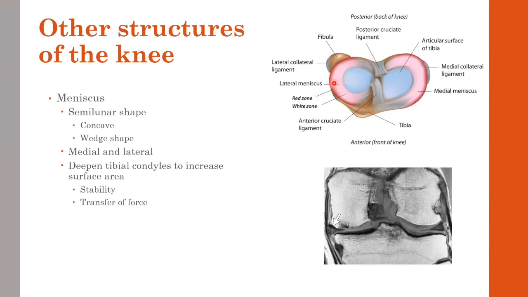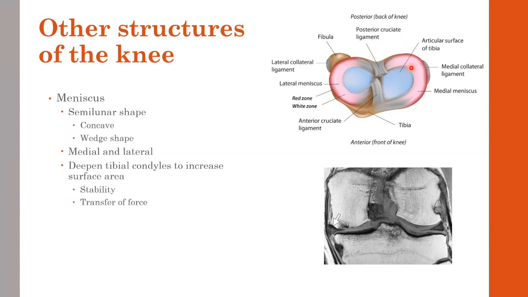Both have this concavity nature, and by that, I mean that the most outer rim is more dense, but as we get more medially into the tibia bone, you notice that it essentially wears to the articular surface. The meniscus is attached to the condyles of the tibia, by the way, not the femur.